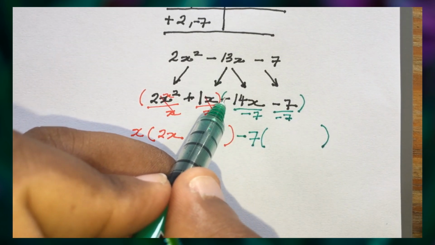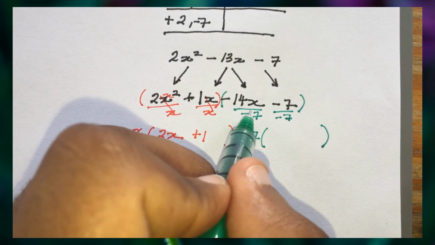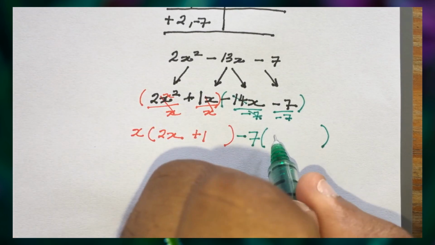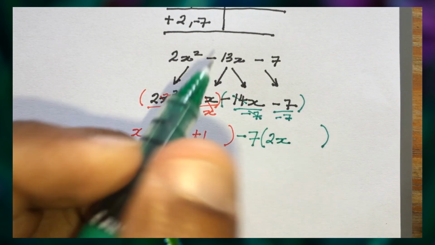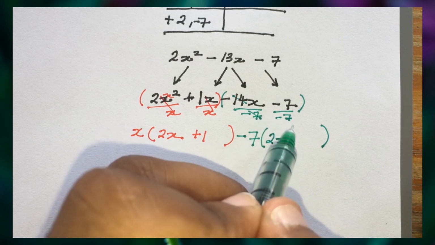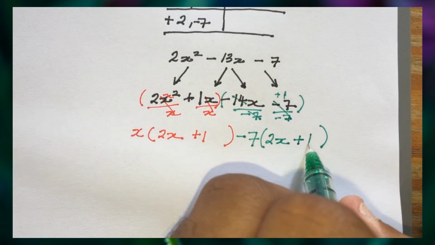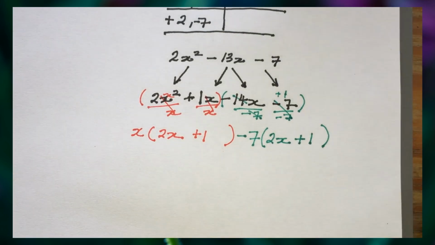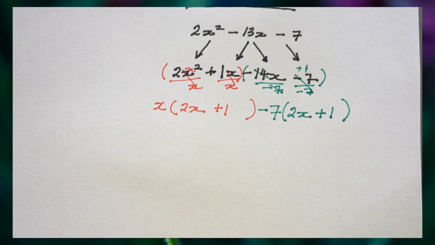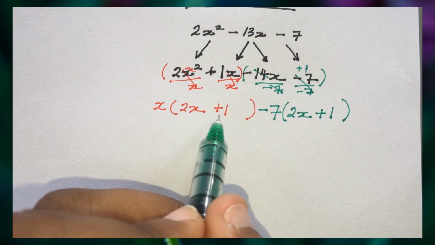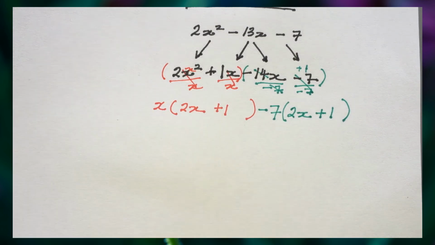Negative divided by negative is positive. 7 into 14 is 2, so I'm going to have 2x here, and negative 7 divided by negative 7 is just a positive 1, plus 1. And if you look at that, the brackets are the same: 2x plus 1 and 2x plus 1.